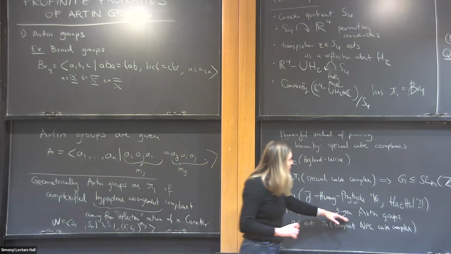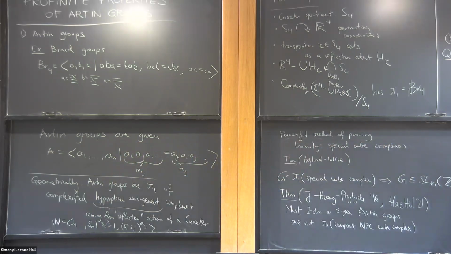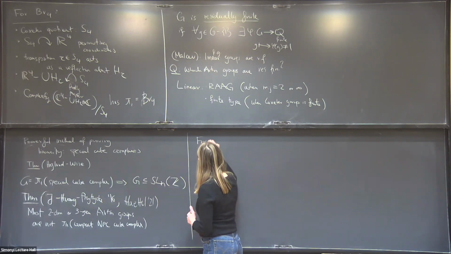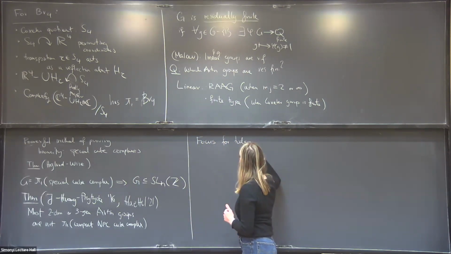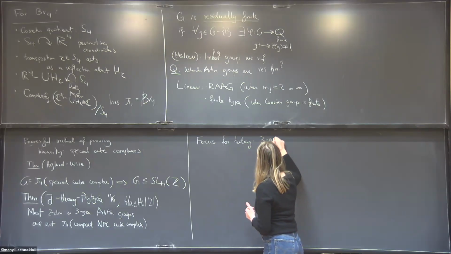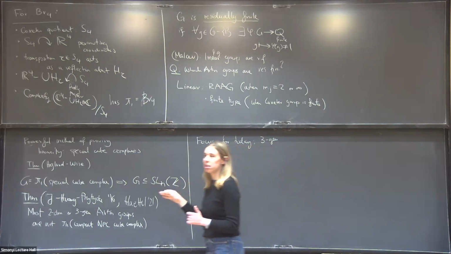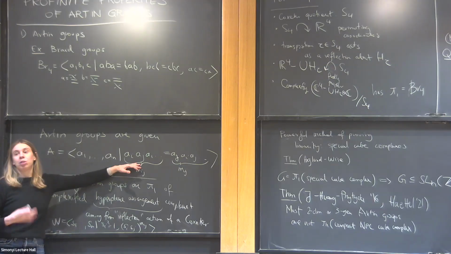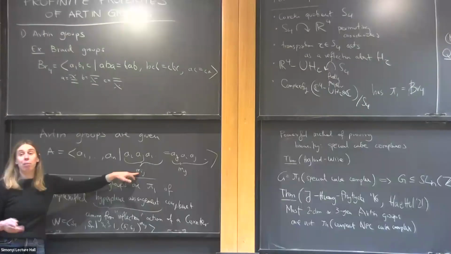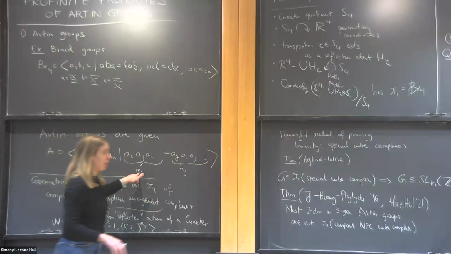But really, I'm going to focus for most of the rest of my talk on just groups on three generators, because I can say the most. So I have three generators and three numbers that describe what kind of relations I have.